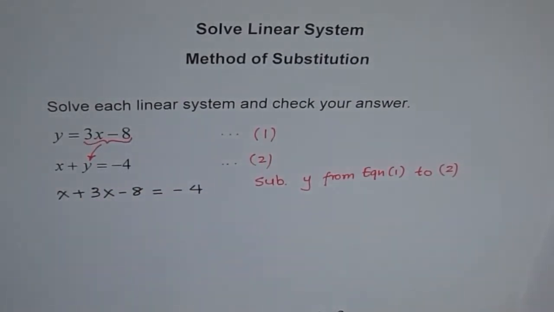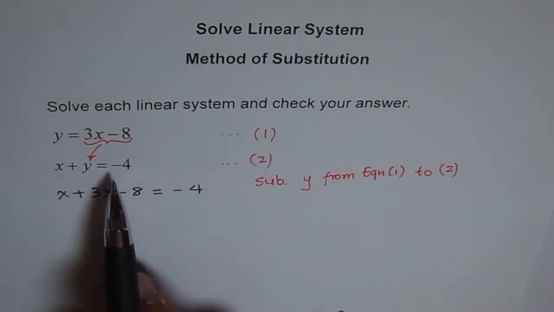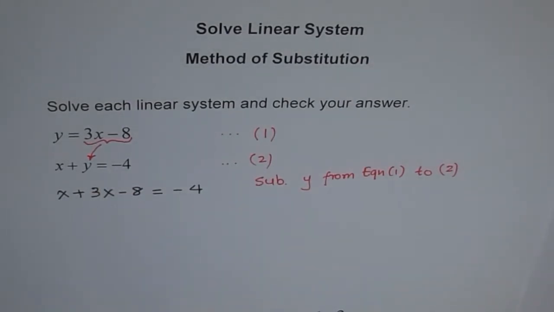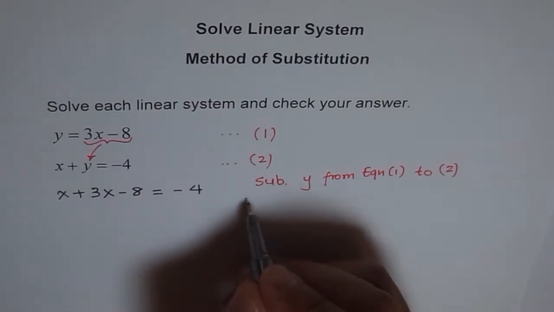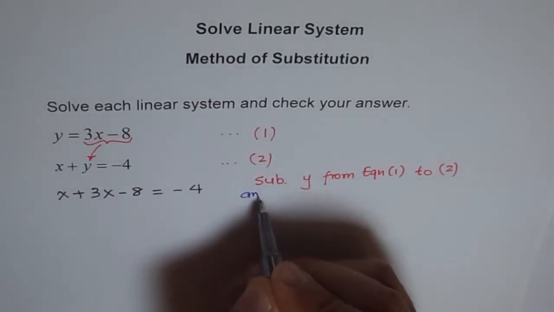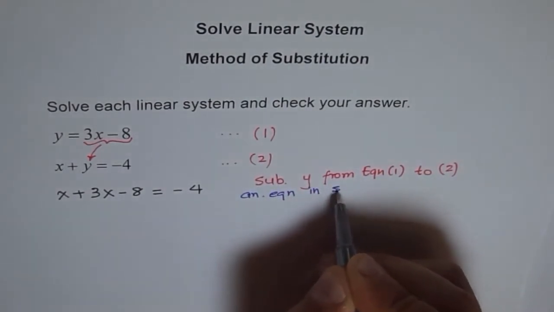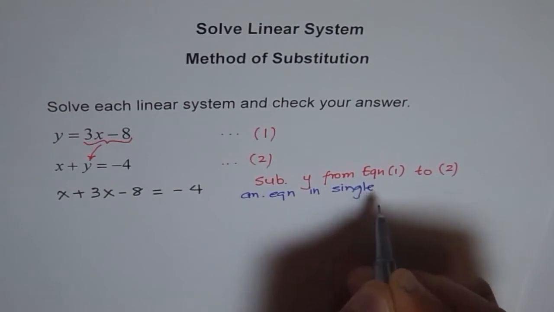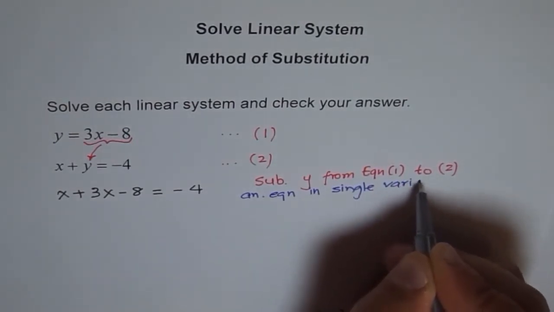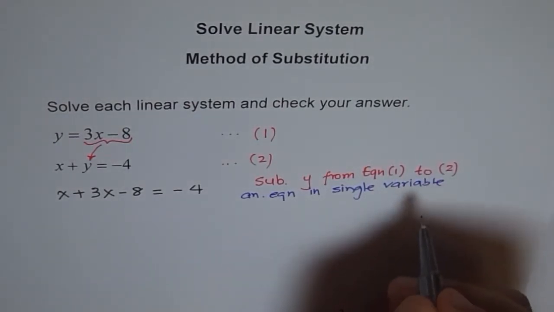So that is how our second equation gets transformed. And what do we achieve by doing so? You will see that we get an equation in a single variable.